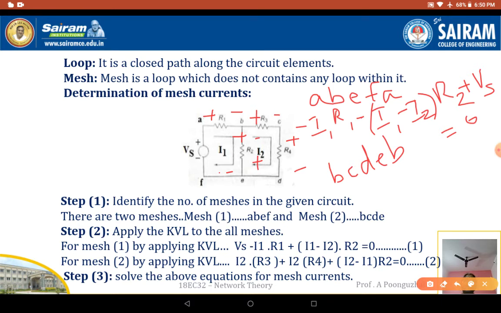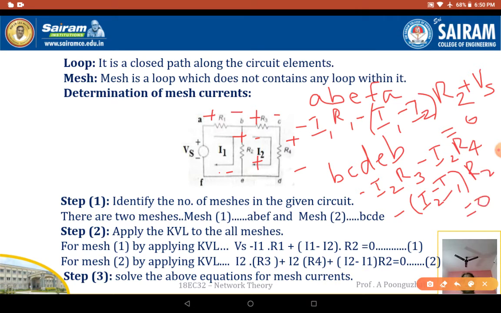Now from B, the current flowing through resistance R3 is I2 R3, so it is minus I2 R3. Going from plus to minus gives minus I2 into R4. From the second loop to the first loop it is (I2 minus I1) into R2 equal to 0. These are the two loop equations we have got.